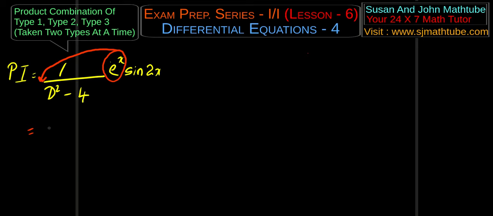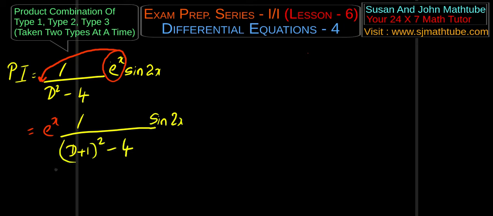So we get e to the power x and then 1 by, who is along with x? 1x. So it is like (D plus 1) the whole square minus 4. Yeah, and that is equal to e to the power x 1 by, simplify this, you can do that in your mind, D square plus 2D plus 1 minus 4 of sine 2x.